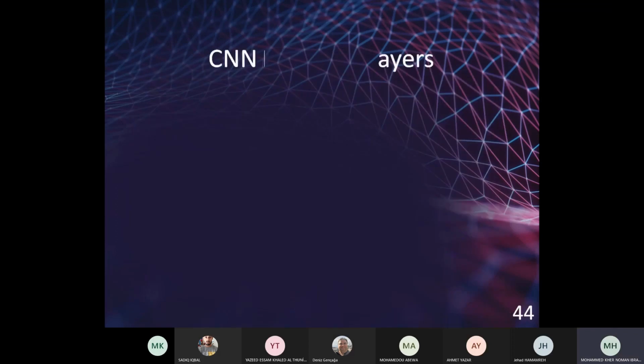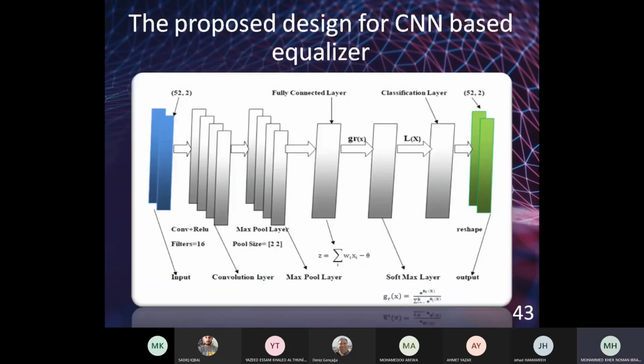After that, for the fully connected layer, in a CNN the convolutional and max pool layers are generally followed by one or more fully connected layers. All neurons in the fully connected layer connect to all the neurons in the previous layer.